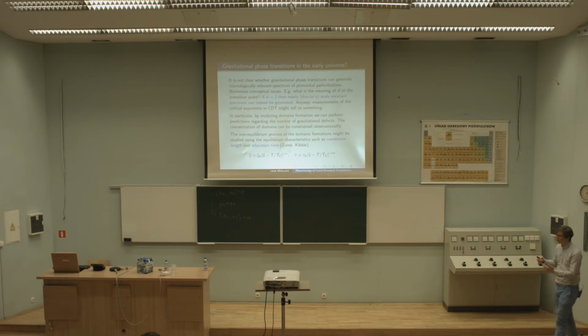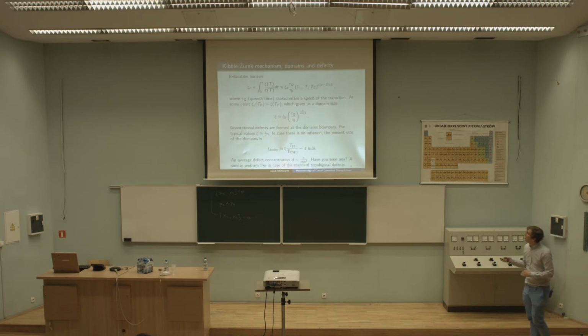You have your high energy phase, and then you pass to the low energy phase, and you know that the correlation length goes to infinity at the transition point, and then your relaxation time goes to infinity as well. It's because of the fluctuations at the transition point. So it takes a long time for the system to establish an equilibrium state.